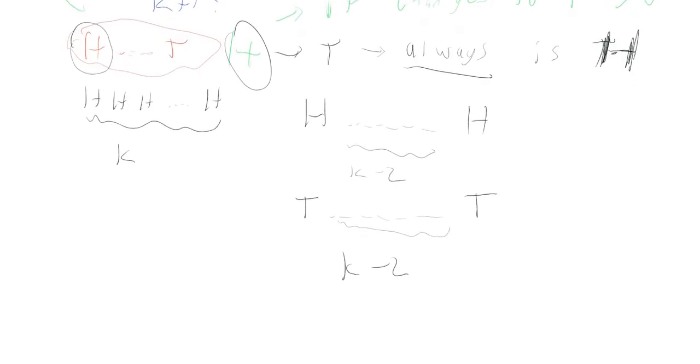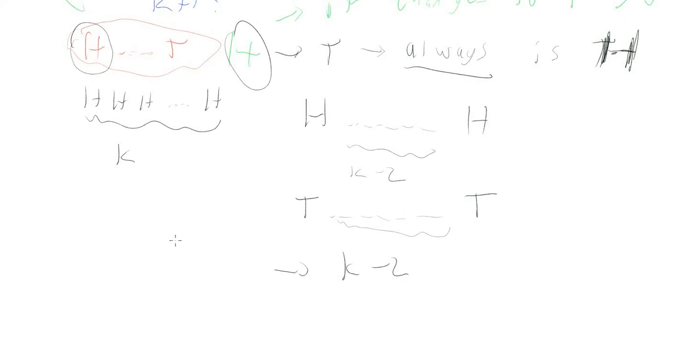Basically, we want to show here that this can't happen. So let's think about this k minus 2 here. Think about the k minus 2.